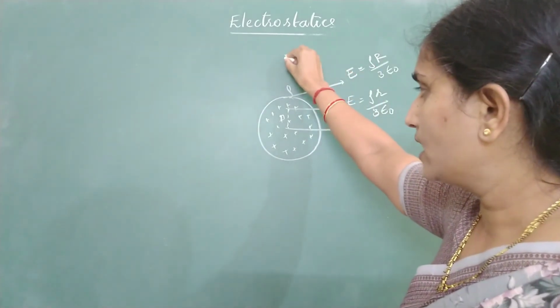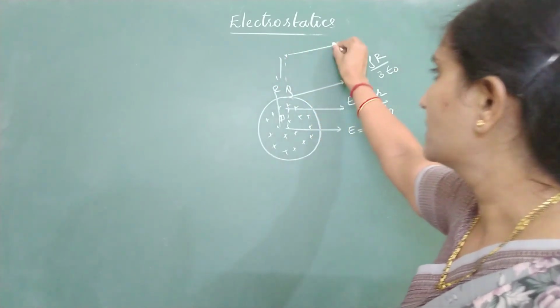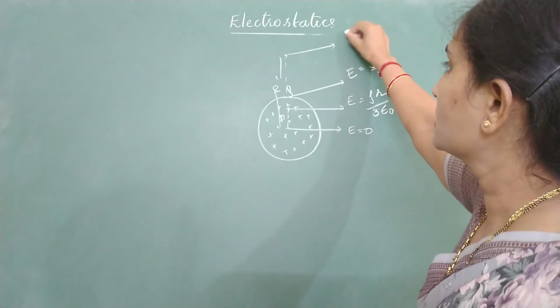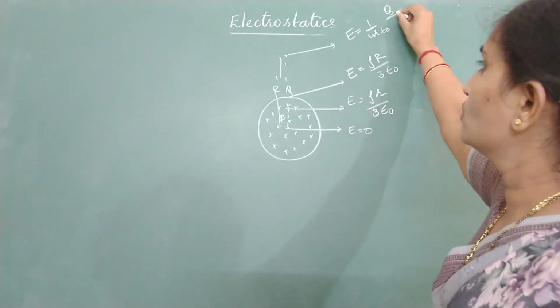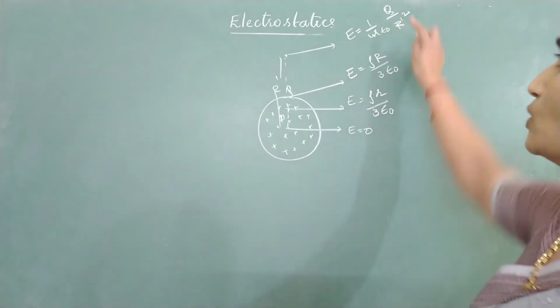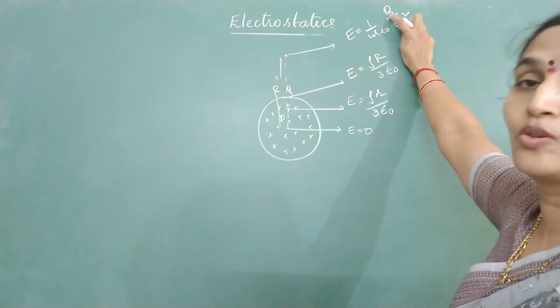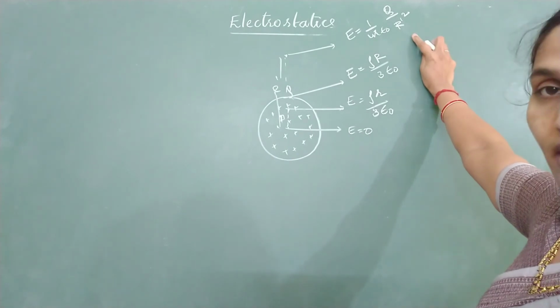And when you are completely outside, say at a distance r dash from center, and if this total charge is capital Q, you can write it as 1 by 4 pi epsilon naught Q divided by r dash square, where Q represents the total charge. If you want, you can express it even in terms of rho. You can replace Q as rho into 4 by 3 pi r cube, otherwise in terms of Q and r dash.